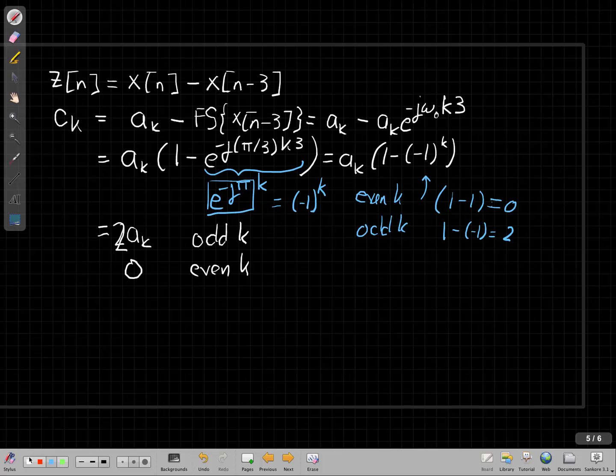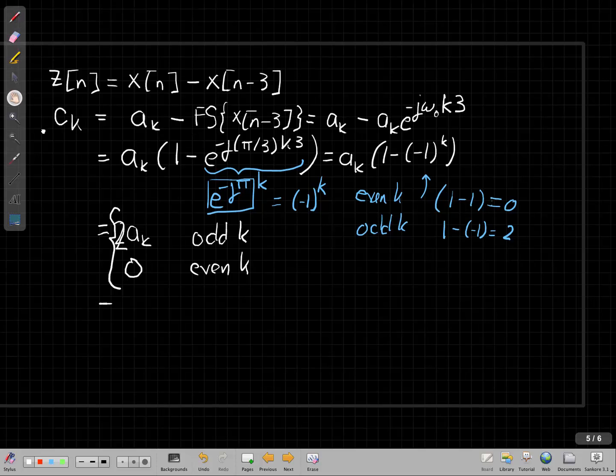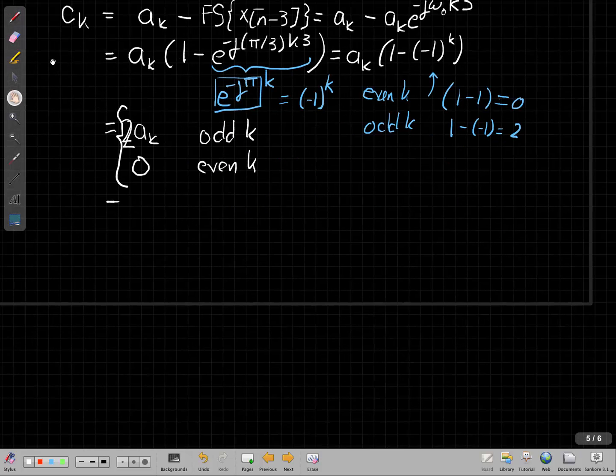So putting all that together, over here I have the same thing I saw a minute ago. If I plug in my different values of k, when k is 0, that's even, so I get 0. Again, we get 0 for k equals 0.